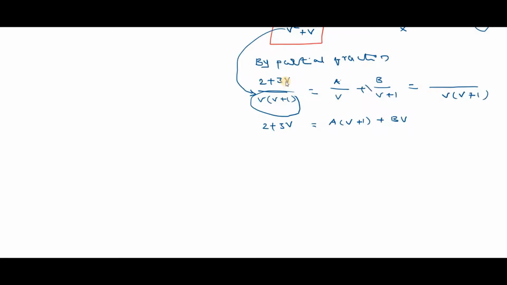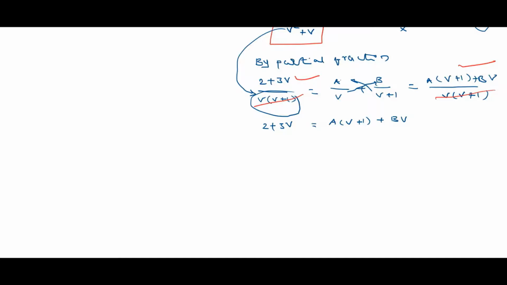Actually the LCM is v into (v + 1). By using this cross product, we can write a into (v + 1) plus v into b is equal to bv, and both the sides, this LCM and this LCM get cancelled. So we are left with 2 + 3v and a into (v + 1) plus b into v.